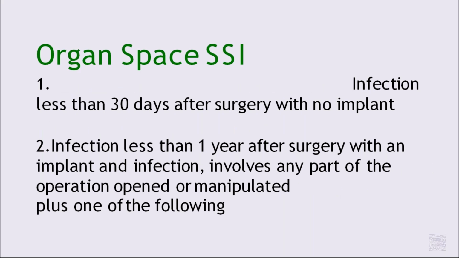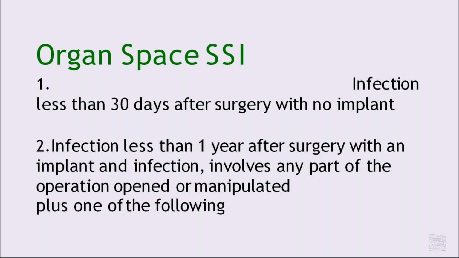So what are organ space surgical site infections? Again, it is basically classified depending upon the duration from the time of surgery. One point is less than 30 days after surgery with no implant.